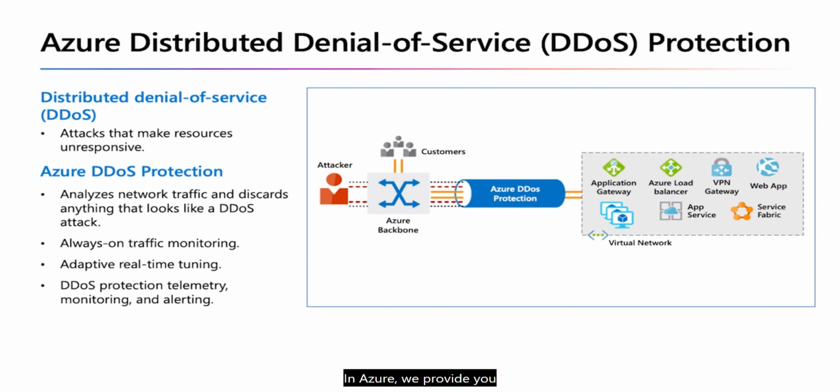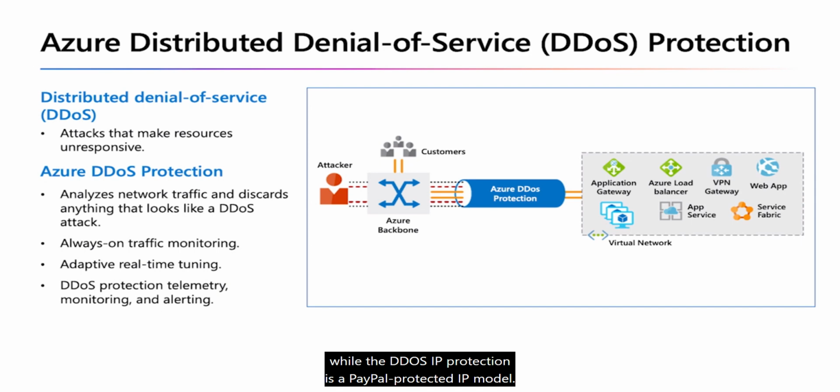In Azure, we provide you with an included free DDoS protection service and 2 paid tiers, DDoS network protection and DDoS IP protection. Both SKUs have enhanced mitigation features to defend against DDoS attackers.